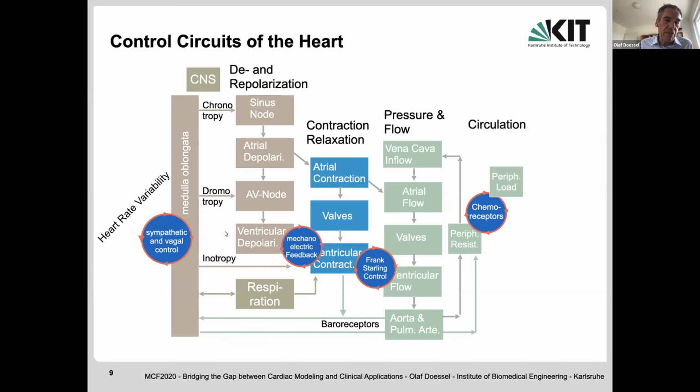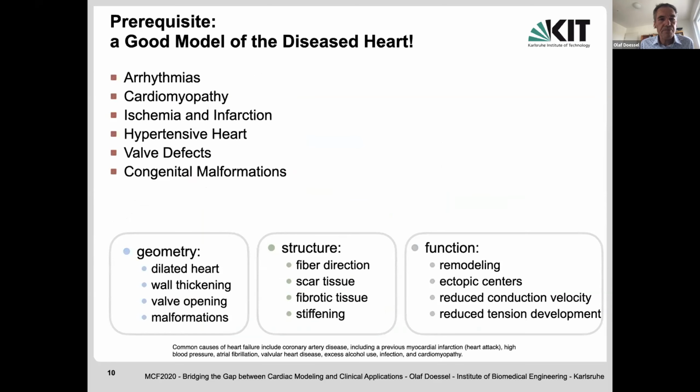To bring it into one single sentence, I think all of our computer models of the heart don't show any heart rate variability. But in particular in Milano, there is a strong group working day and night on heart rate variability, and this doesn't show up at all in our computer models. So maybe we still have something to do there.